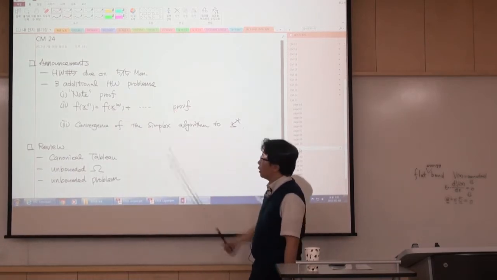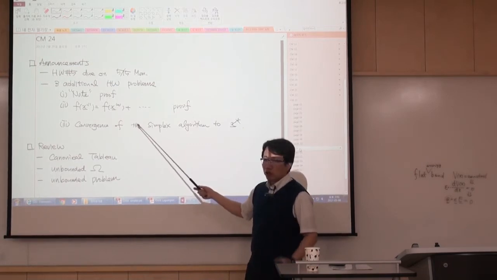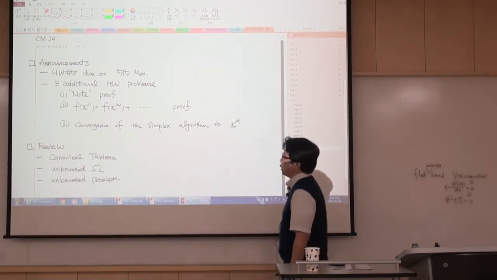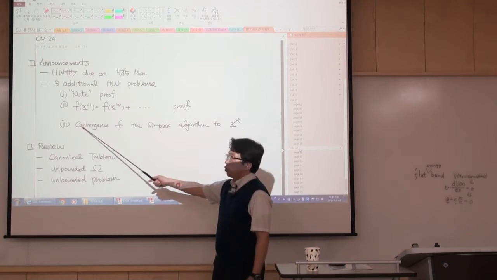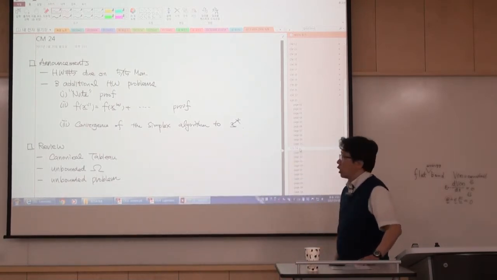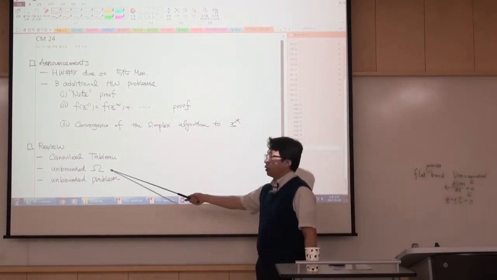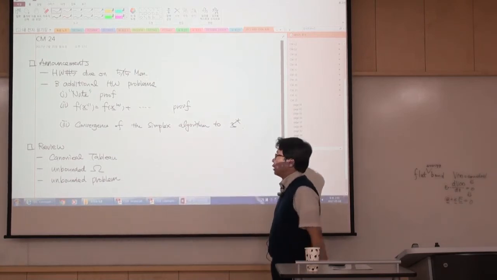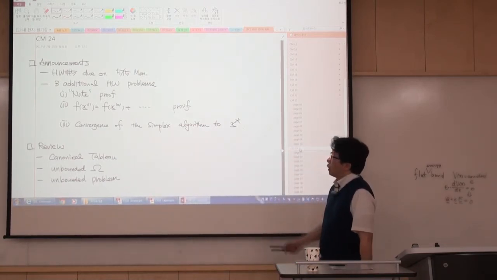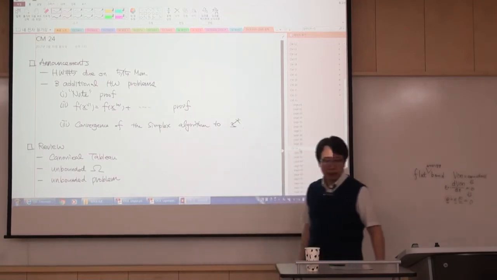Okay, that is the second one. The third one, I'm not sure whether this is in the textbook or not, but we need to show that the simplex algorithm really generates the optimal x star when the problem is not unbounded, when the problem is bounded. So try to prove this and add it to homework 5.